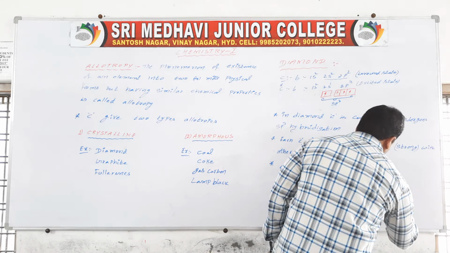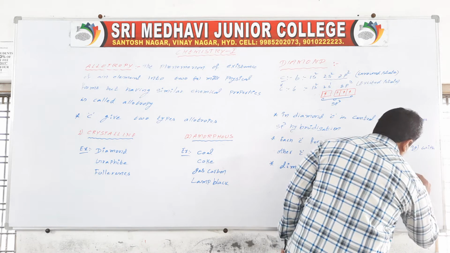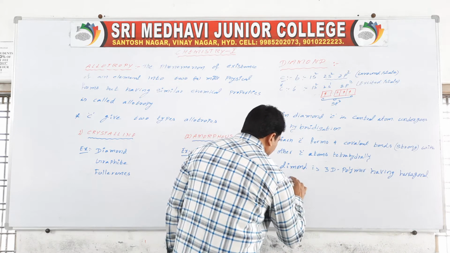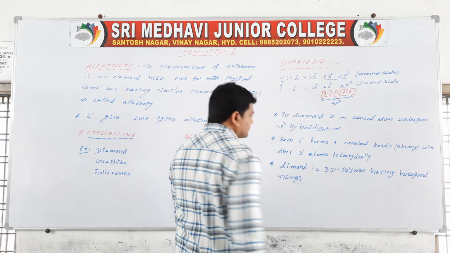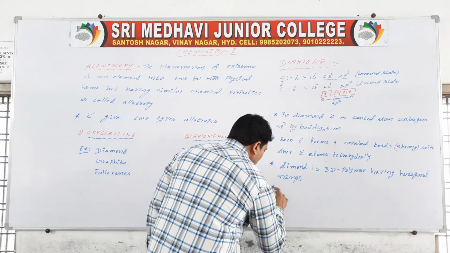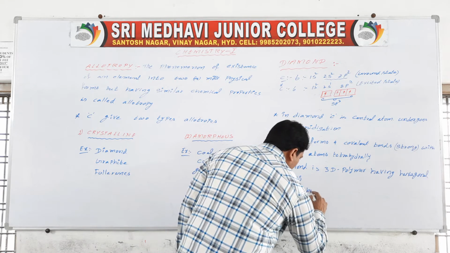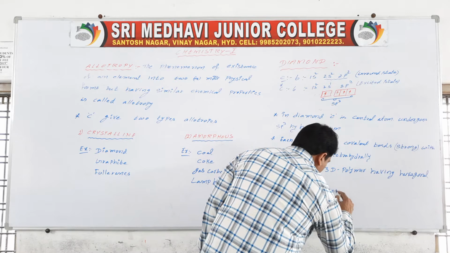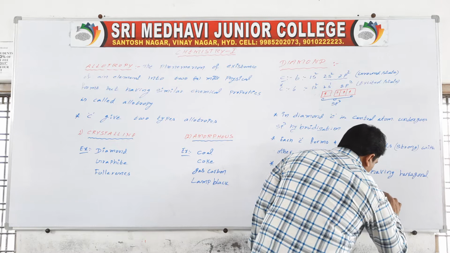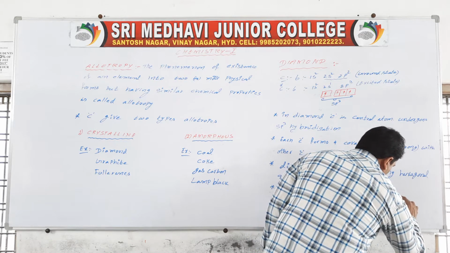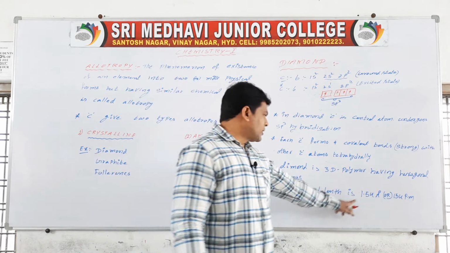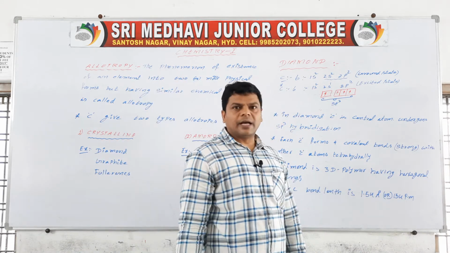The carbon-carbon bond length is 1.54 angstrom units or 154 picometers.